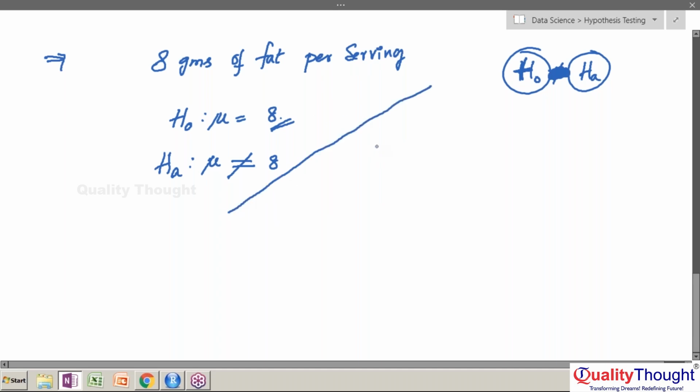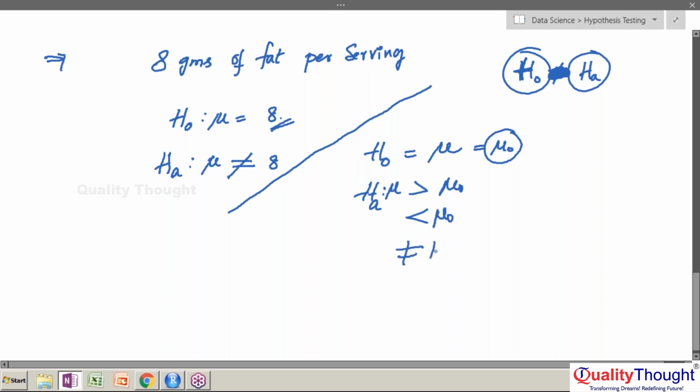Let me tell you only one thing here. When you have a null hypothesis as mu equal to mu naught, where mu naught might be the value, the alternate hypothesis will have 3 types: H A, mu may be greater than mu naught, less than mu naught, or not equal to mu naught.